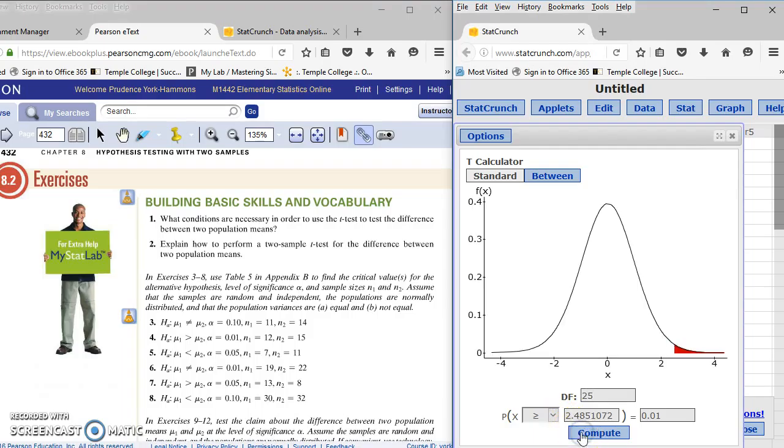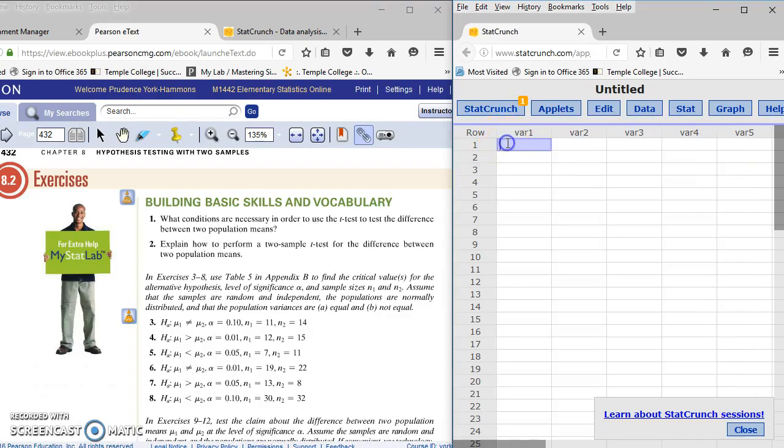And if I click compute, it says that the value for my critical value is 2.485. I'm just going to go ahead and copy this, Control-C. I'm going to close that calculator and come to my table, and I'm going to do what they refer to as a critical value.